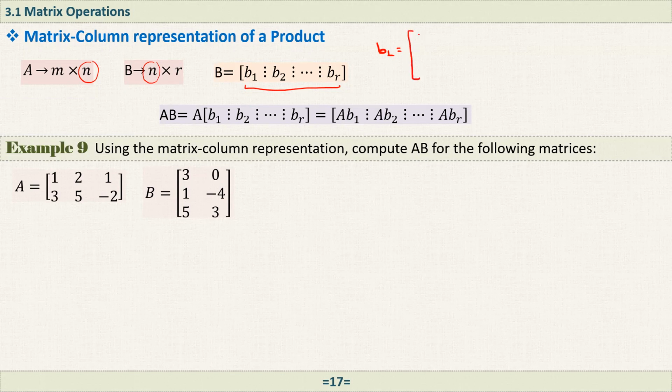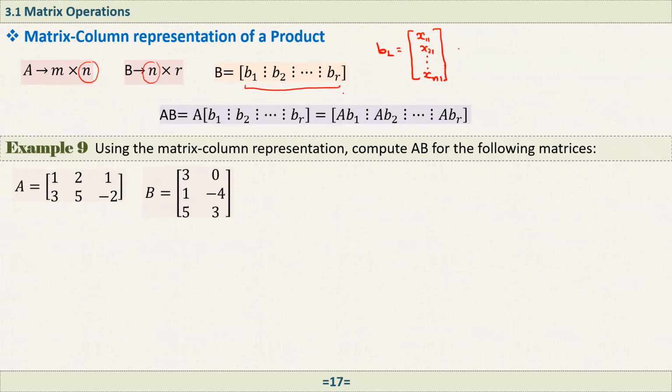Its entries are something like x11, x21, dot dot dot, xn1. In a similar way, Br is also this kind of matrix. It's like a vector, a column vector or column matrix.